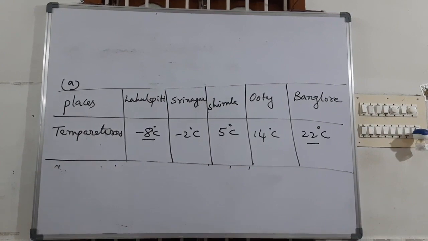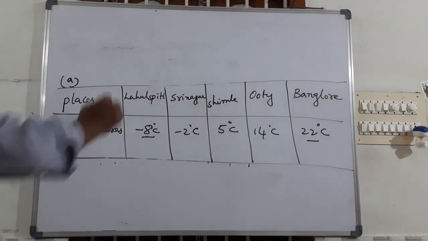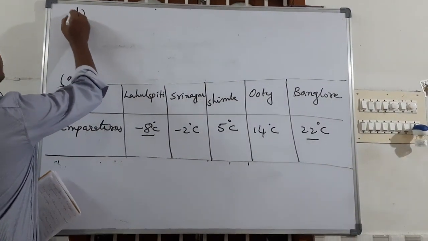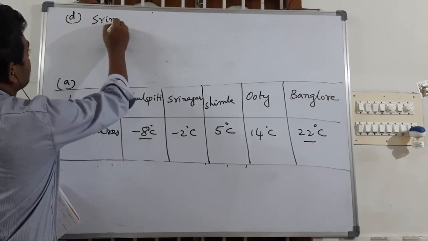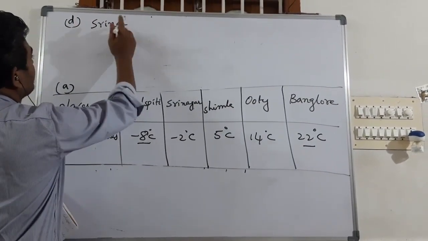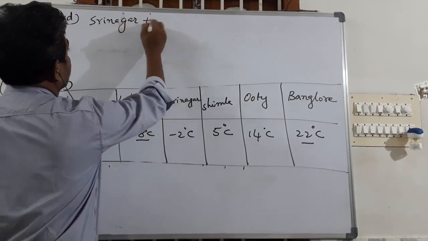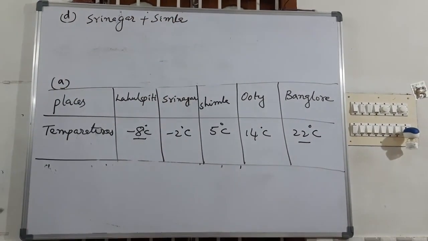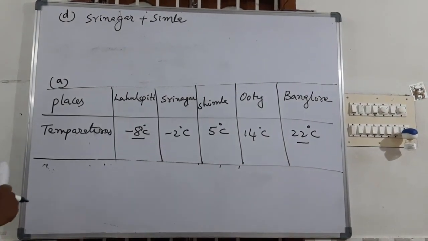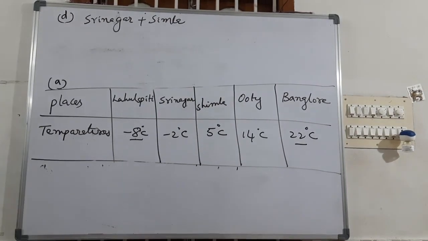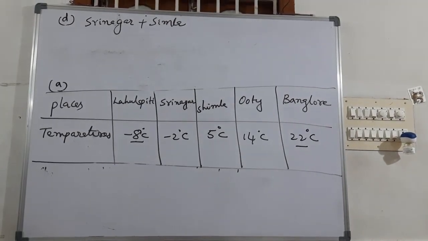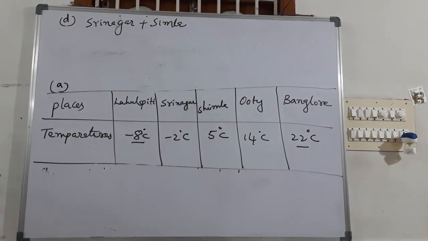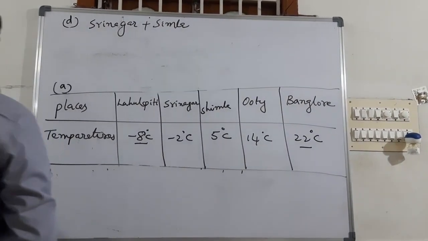We want to add the temperatures of Srinagar and Shimla. Srinagar plus Shimla. That means is it less than the temperature at Shimla? So what is the temperature in Srinagar?